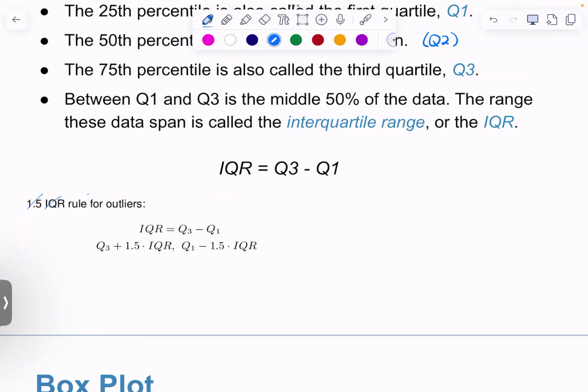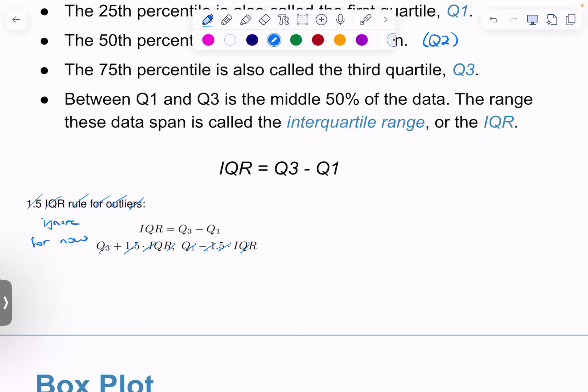I'll just ignore that for now, for another couple of slides, it's not going to be that long. So the interquartile range is on your formula sheet, but it does require you to know what Q3 and Q1 are and how to find them.